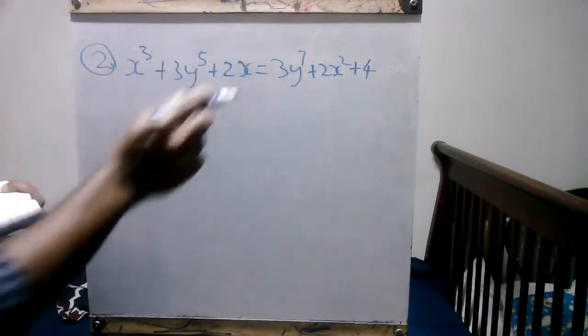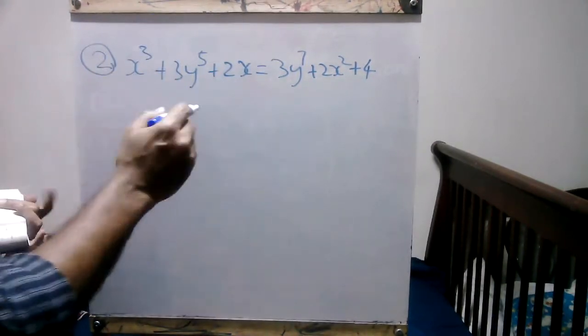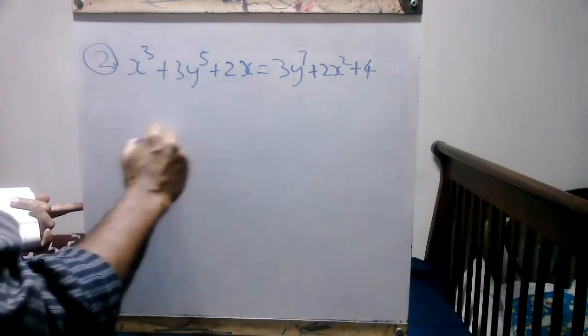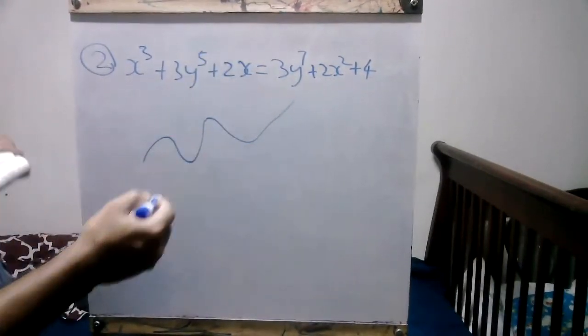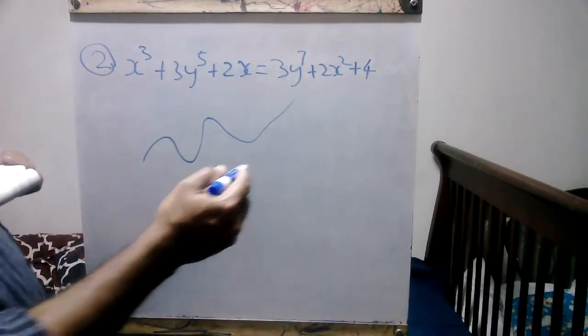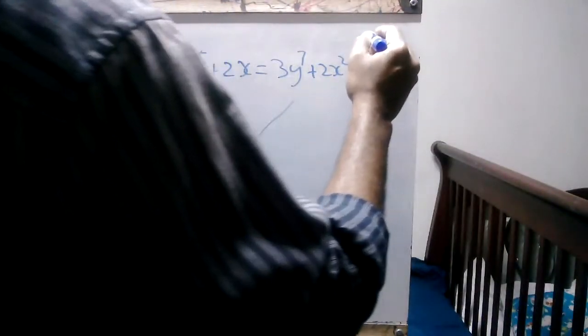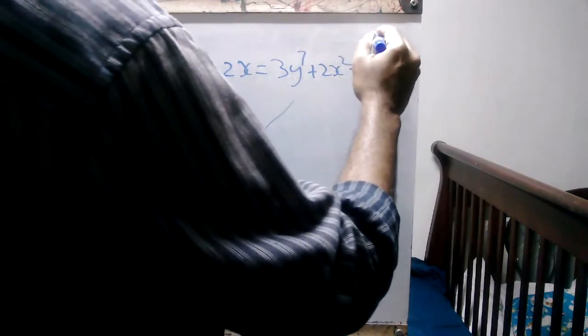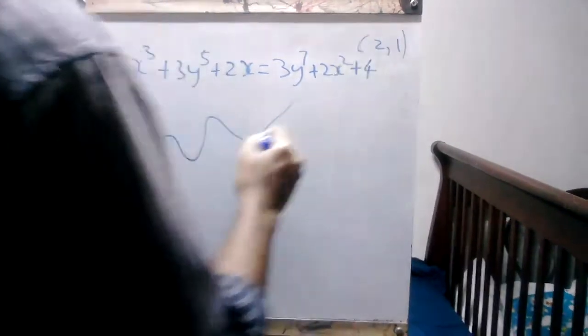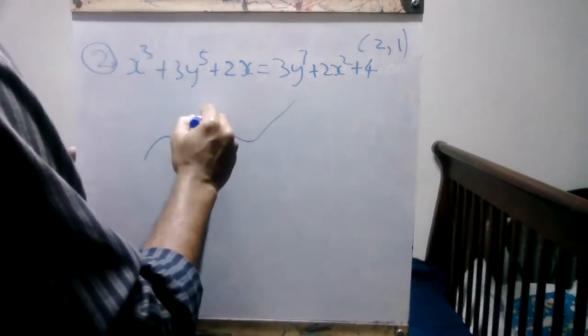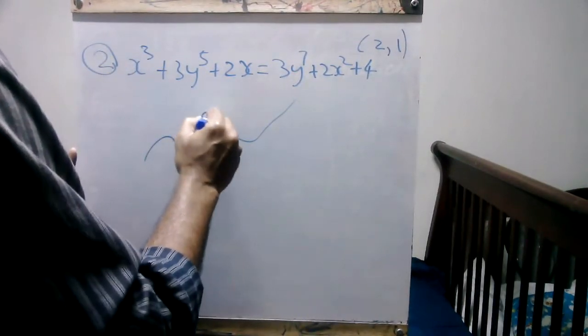The shape of this curve, don't worry about the shape, it could be anything, just assume it is like this, who knows. And they give us a point at (2, 1). At this point, the tangent line at this point. Say (2, 1) is this point.